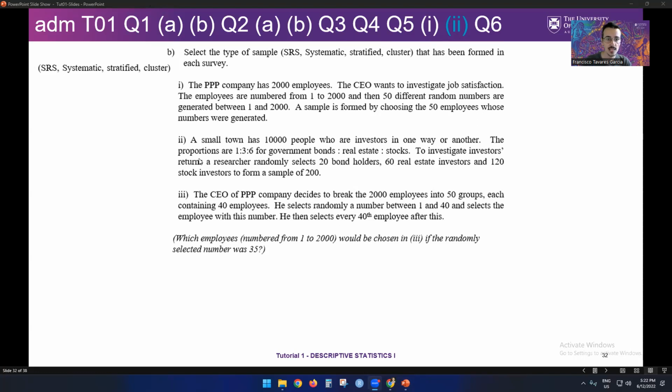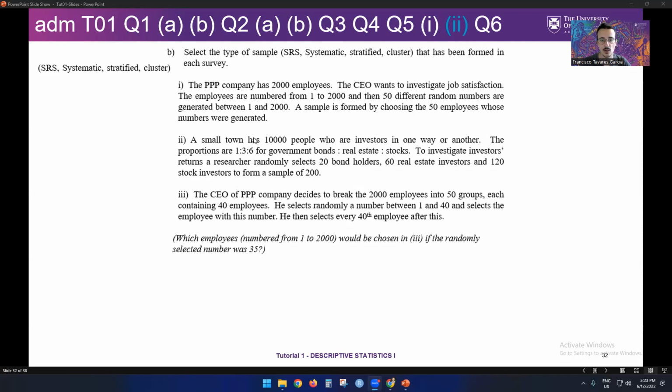Second one: a small town has 10,000 people who are investors in one way or another. The proportions are 1 to 3 to 6 for government bonds, real estate, and stocks. To investigate investors' returns, the researcher randomly selects 20 bond holders, 60 real estate investors, and 120 stock investors to form a sample of 200.